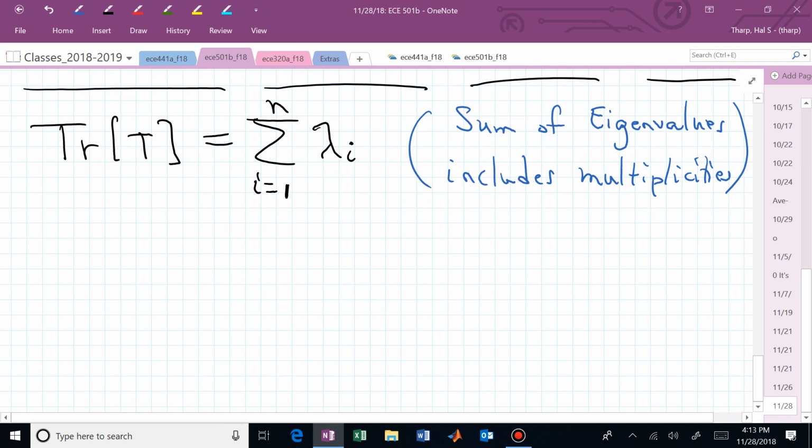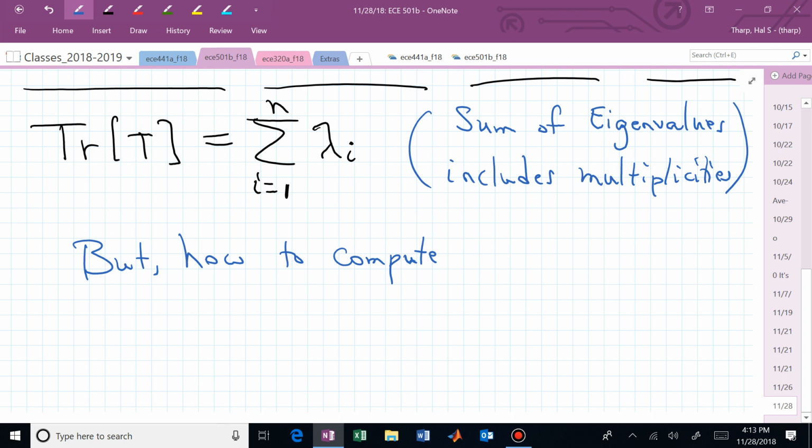But now you might ask, how do we compute that? Since I know that you enjoy finding the eigenvalues of a generic operator t, let's say on the final I gave you a linear operator that was fifth order, I know you would have a fun time finding those 5 eigenvalues.